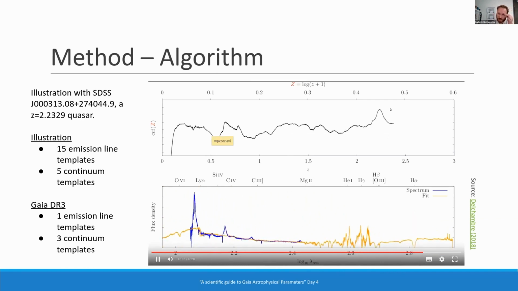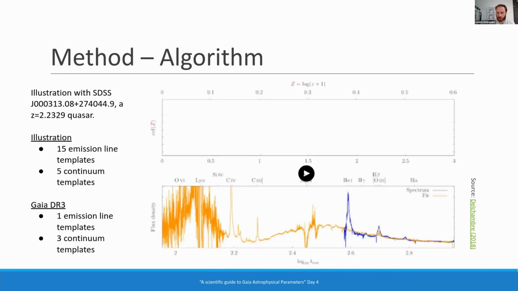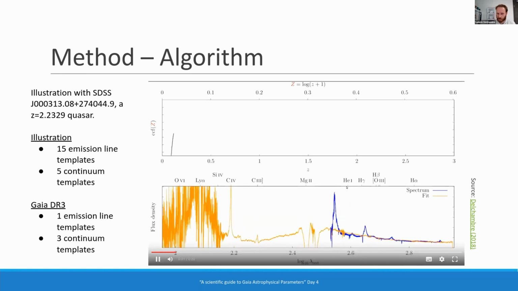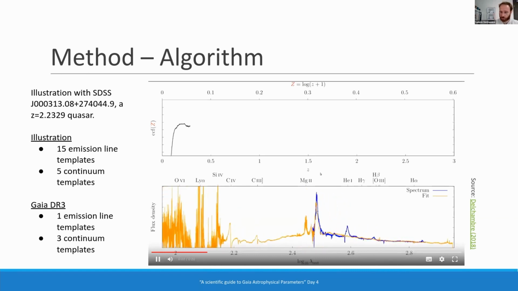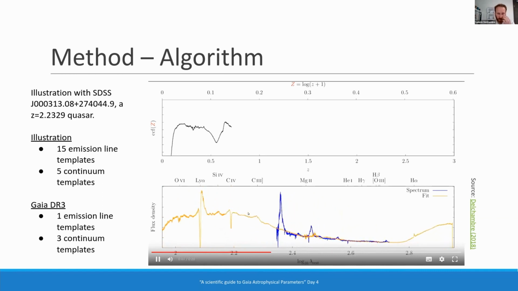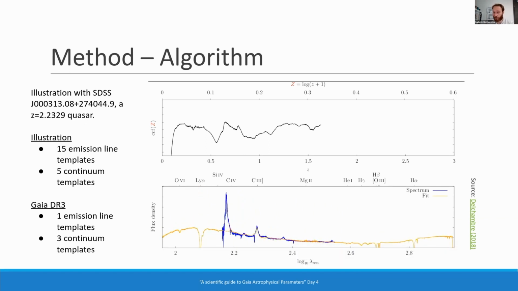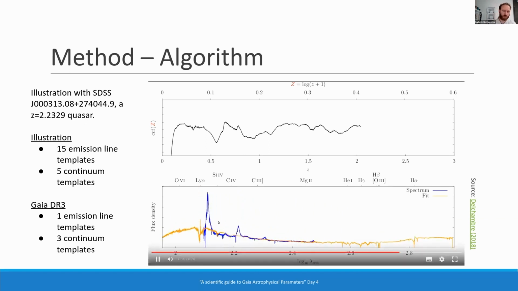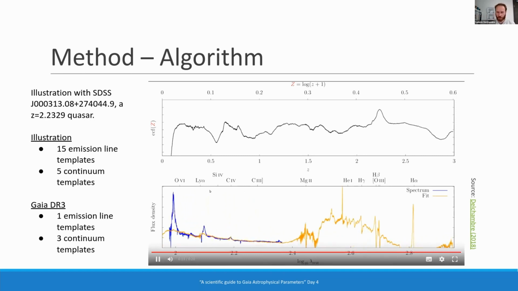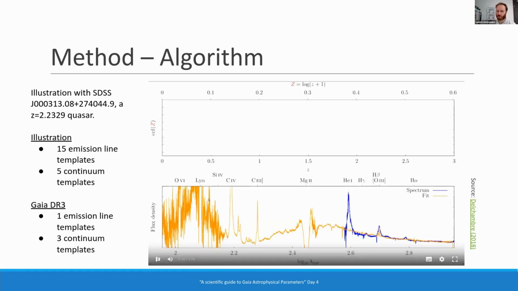At the maximal peak, we then have the most probable redshift estimate, actually. For the purpose of this observation, we use 15 emission line templates and 5 continuum templates that are basically low order polynomials. In Gaia DR3, we only use 1 emission line template and 3 continuum templates. I think it is simpler to understand this way.